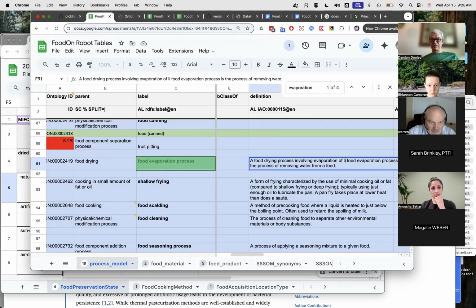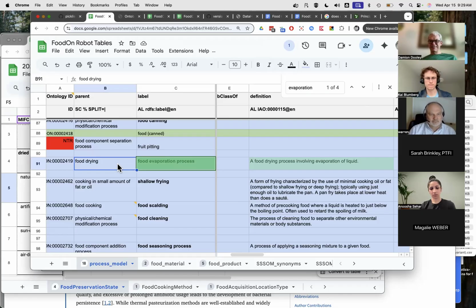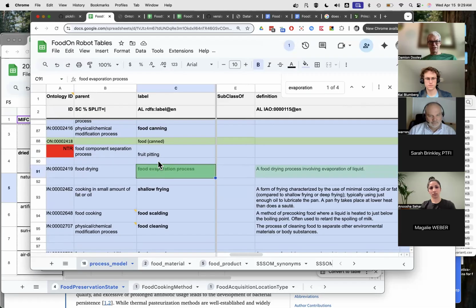evaporation of liquid. There was something I was getting a little bit thrown by here, which is that it's not always just water that's being evaporated. Alcohol can be evaporated, and maybe other gases. Any liquid. Yeah. So I guess we need to be a little bit more generic and not focus on water in the drying definitions.